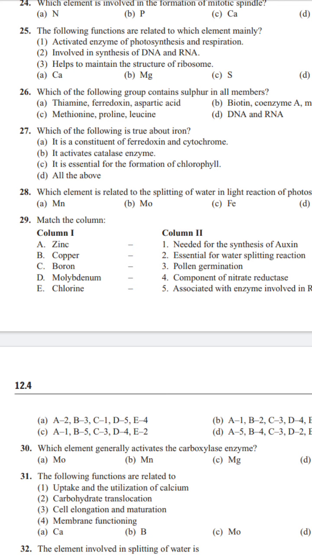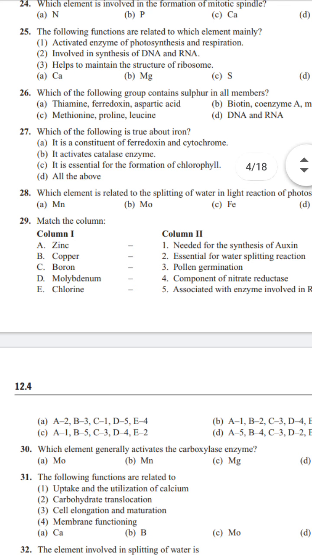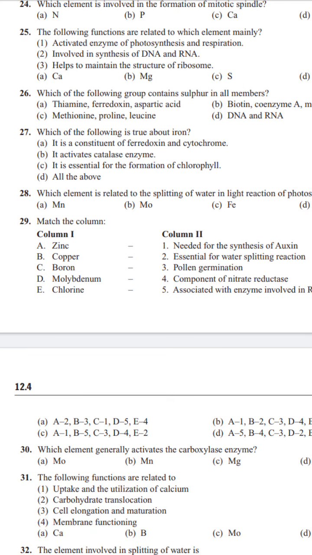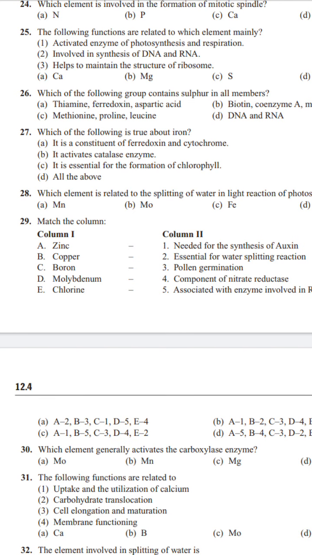Manganese is absorbed in the form of manganous ions, Mn2+. It activates many enzymes involved in photosynthesis, respiration and nitrogen metabolism. The best defined function of manganese is in the splitting of water to liberate oxygen during photosynthesis. So very important for competitive exams like NEET, please remember it.